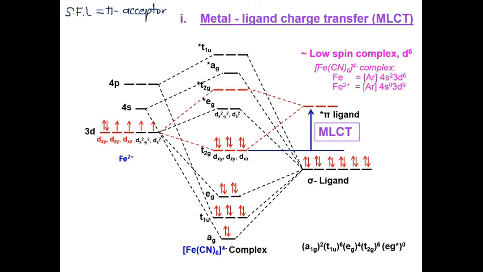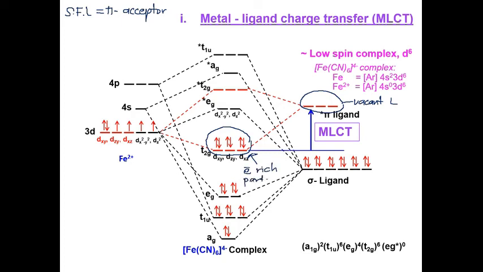So remember, the peak that corresponds to the MLCT is this, with the D electrons, and this unoccupied or vacant ligand orbital, and this is the electron rich metal part.